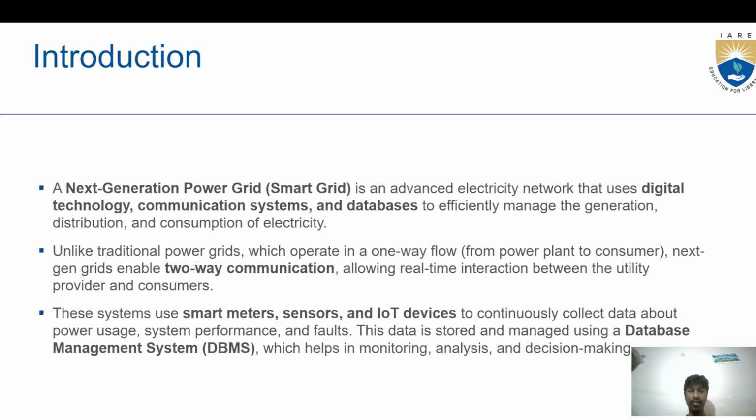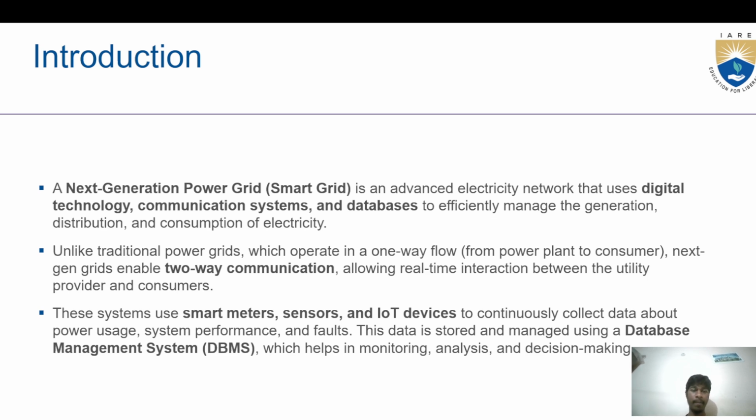Like I said earlier, the smart grid helps us communicate in two ways instead of only one way like in the traditional way, where electricity only goes from the power plant to the consumer. The next gen power grid enables two-way communication, which helps in real-time efficiency and developing the product in a much more efficient way.